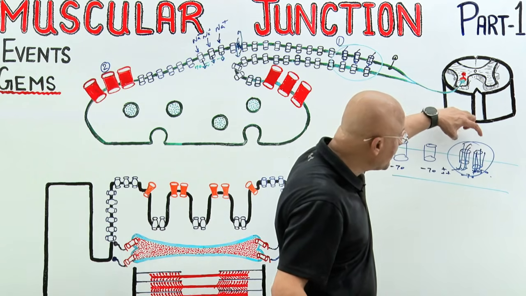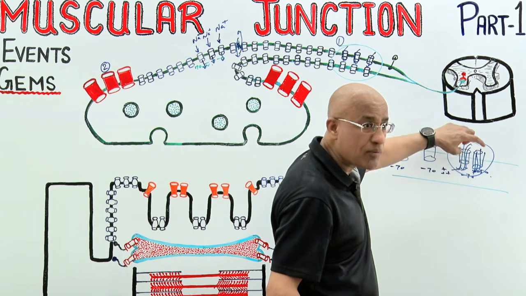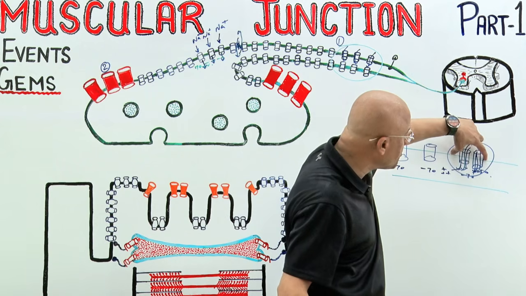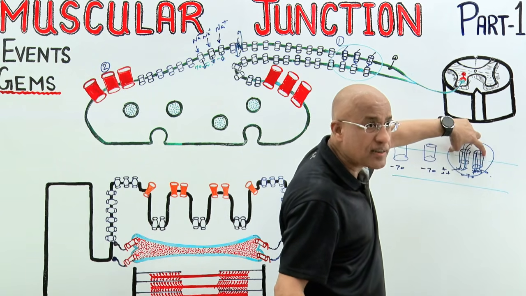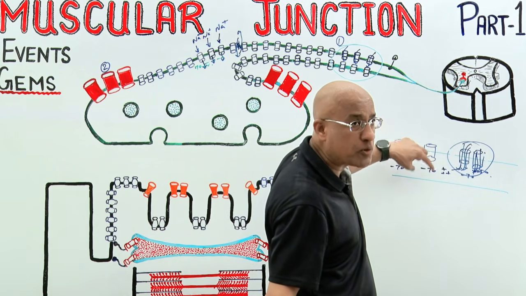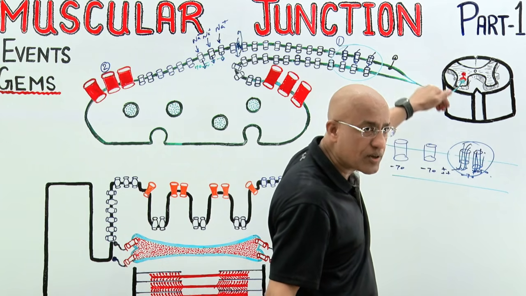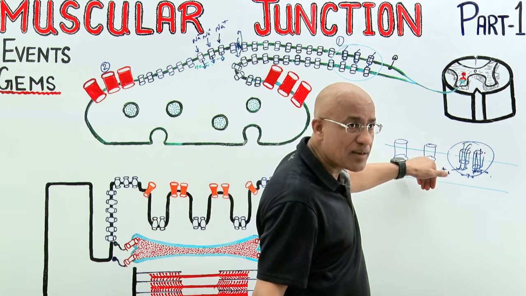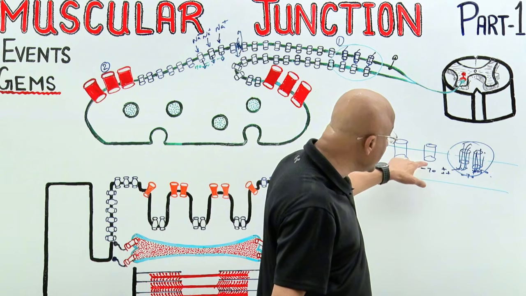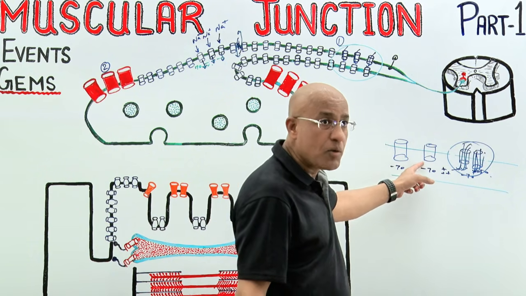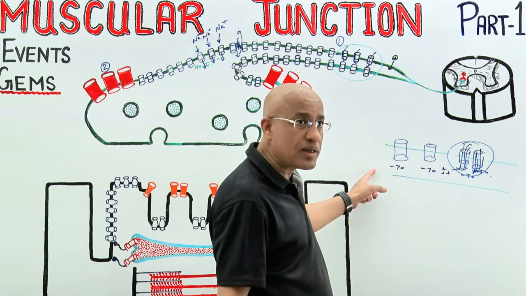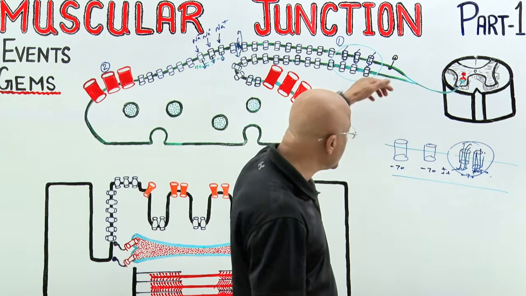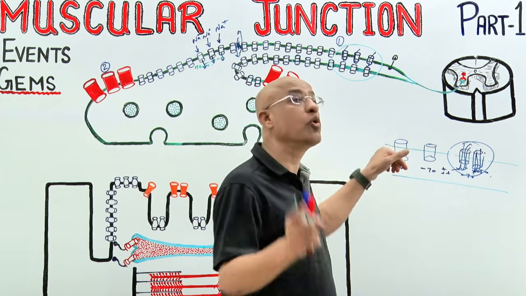Because whatever heavy sodium comes here, and whatever patch of the membrane becomes depolarized, it will make the adjacent area, the resting membrane, go to threshold, and then the adjacent area will depolarize. Then the second area of depolarization will take the next area to threshold, and then this will depolarize, so and so forth.